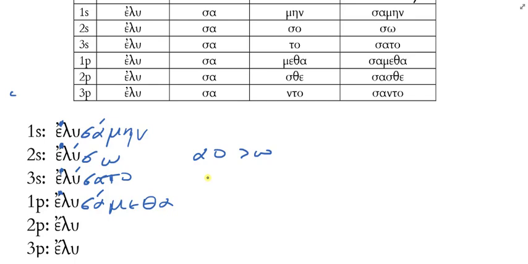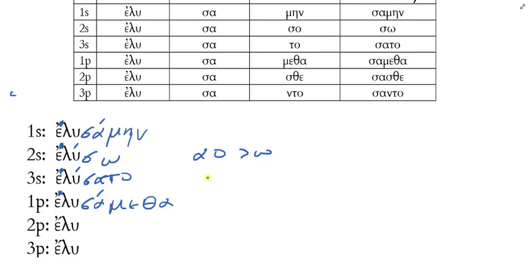Now, if I wanted to say something like, I washed my hands, I'm the subject, I'm performing the action. That sounds very active, right? But what am I performing the action on? Yourself. Yes, at least on a part of myself. I'm washing my hands. That would be a middle voice verb, because not only have I performed the action, but there's some part of me that has been affected by the action too, you see?